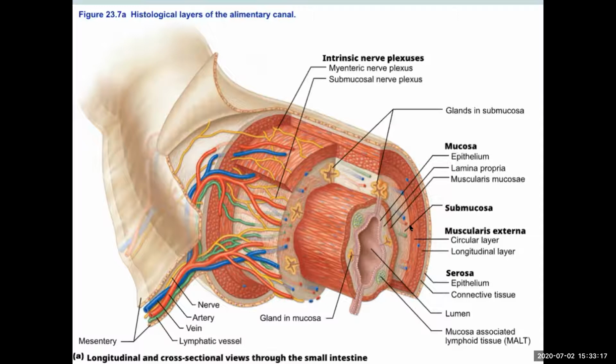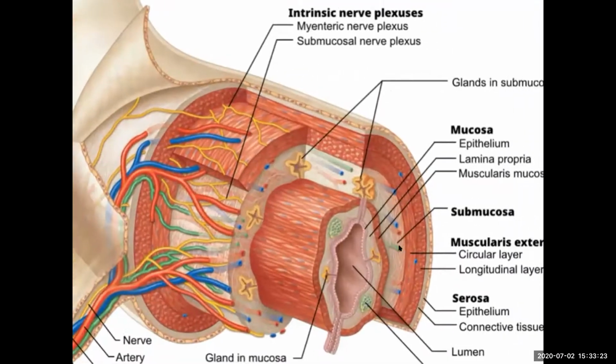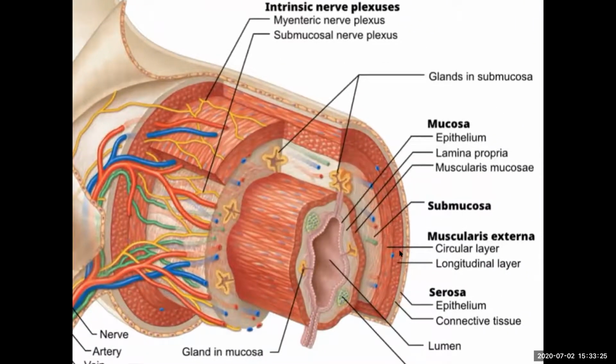One layer is the circular layer, and the other is the longitudinal layer. This is important: make note that the circular layer lies closer to the lumen than the longitudinal layer. So the longitudinal layer is generally more external to the circular layer.